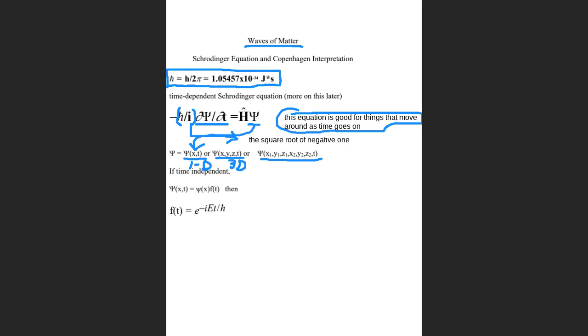Right. Life gets a lot easier if things are time independent. In that case, this wave function, which here I'm using 1D for an example, can be separated into a function about position and a function about time, and you could show the function of time behaves like this. That is, it's an exponential function of i.